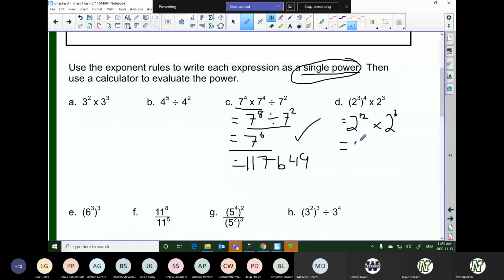I keep the base and add these two. I get to the power of 15. Sorry, the 1's hidden there. My 12 looks like a 2. So 12 plus 3 gives us 15. Now you take your calculator, go 2 to the power 15, and see what it equals right here. All right? So is everybody good?